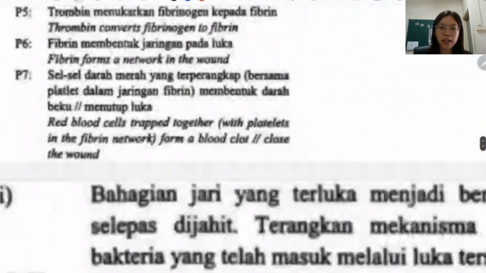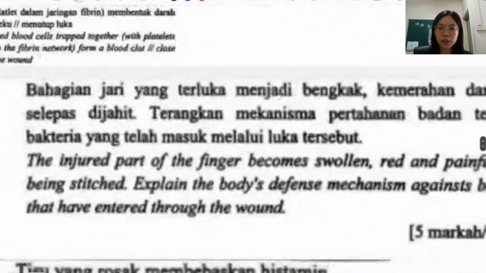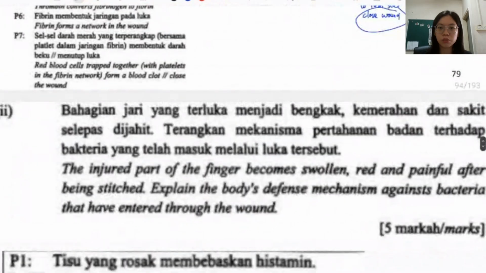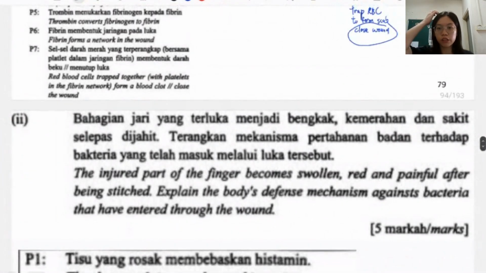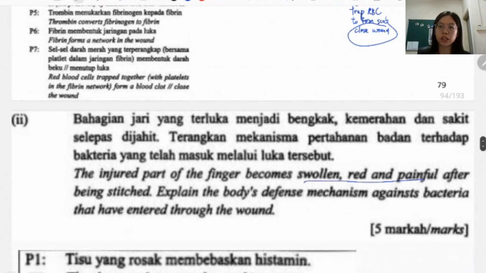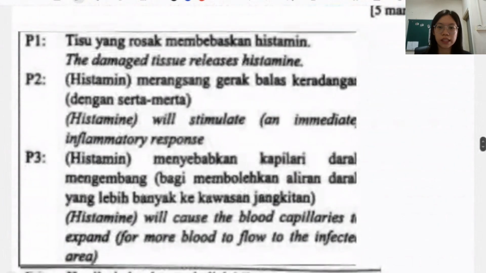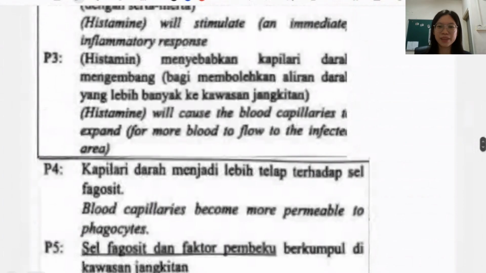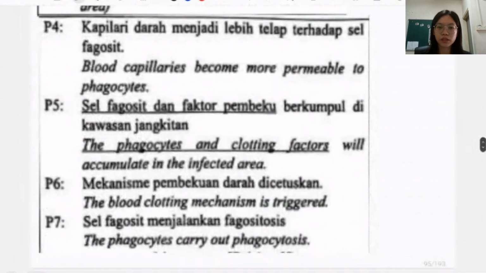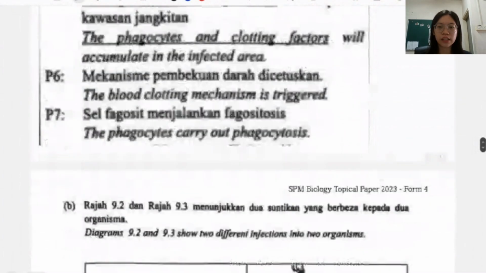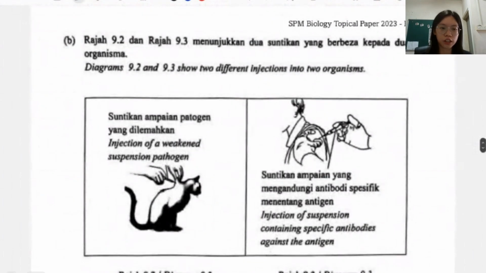Alright, and then when we explain the injured part, where the finger becomes swollen, red and painful, you can see it is because of the inflammation. So explain the body defense mechanism against bacteria. It also talks about histamine, so you just answer the same thing. You have to really understand the histamine function.